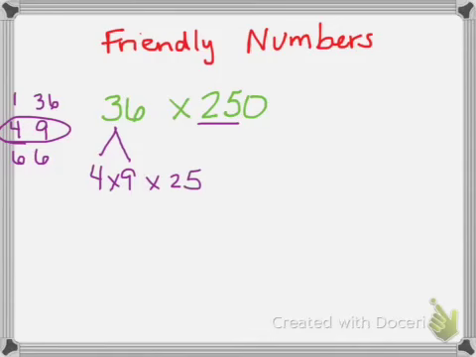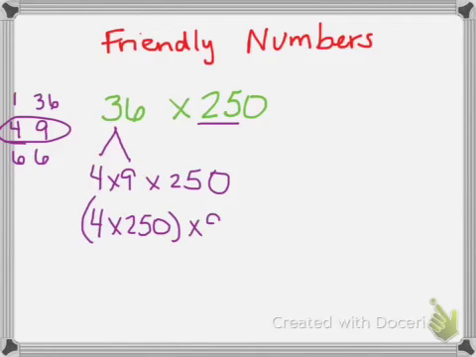So I rewrite my problem now as 4 times 9 times 250. This is the same as 36 times 250 because 4 times 9 is 36. What I want to do is reorder in the way I want to multiply. I think I can multiply 4 times 250 pretty easily.